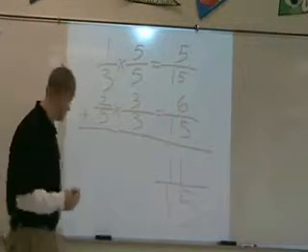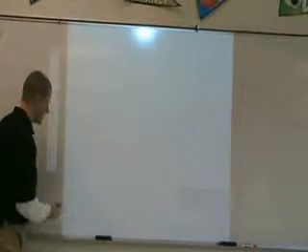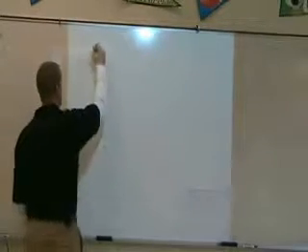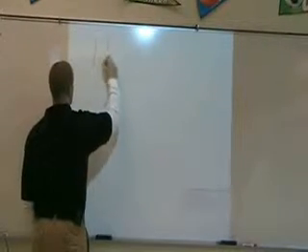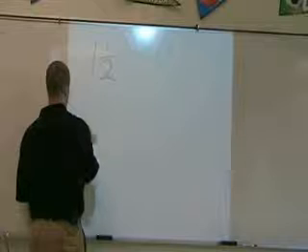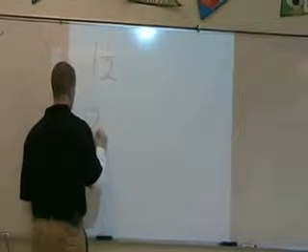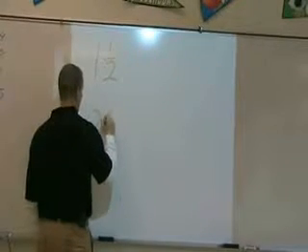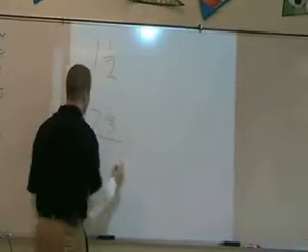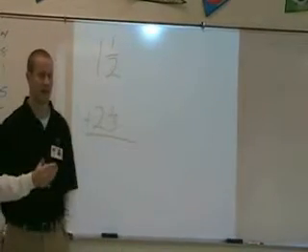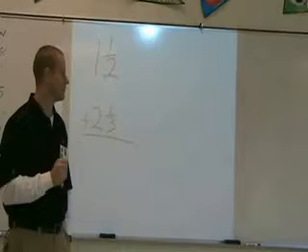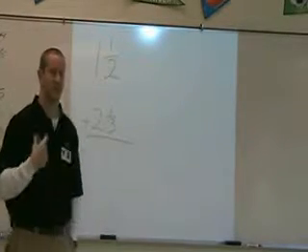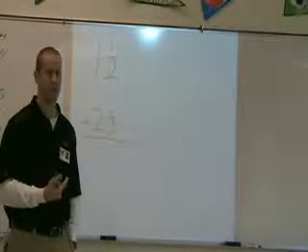Now at our school, what we tell our kids to do when they have mixed numbers, like 1 1/2 plus 2 1/3, is this: you can still add these types of numbers, but we tell our kids to make them into improper fractions.